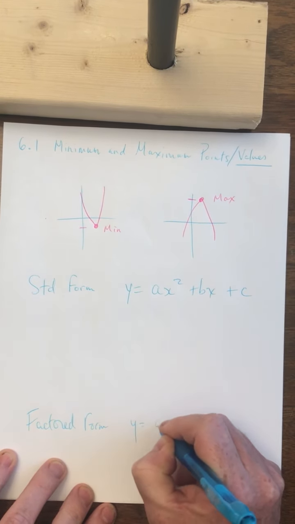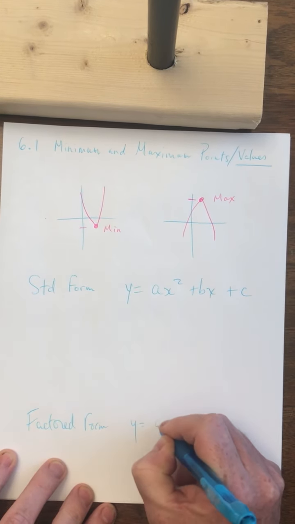And remember, this is in ax squared plus bx plus c form. So the first thing that we're going to do here is put brackets around the first two terms. And eventually what we're trying to do here is create a perfect square trinomial within these brackets, and that'll allow us to get to vertex form. So I'll show you how that goes.